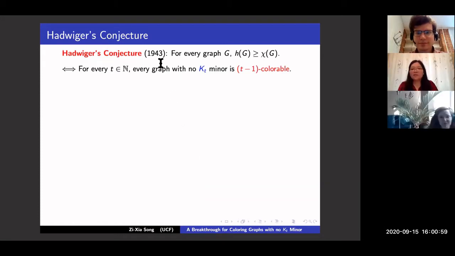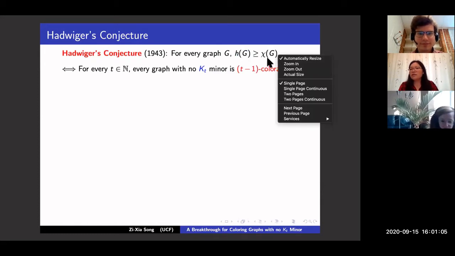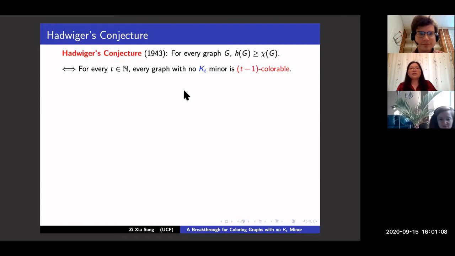It says for every graph G, the Hadwiger number should be at least the chromatic number of G. Equivalently, you can restate this conjecture as: for every positive integer t, every graph with no Kt minor is (t minus 1)-colorable. So these two formulations are equivalent. It depends; I use both during my talks.